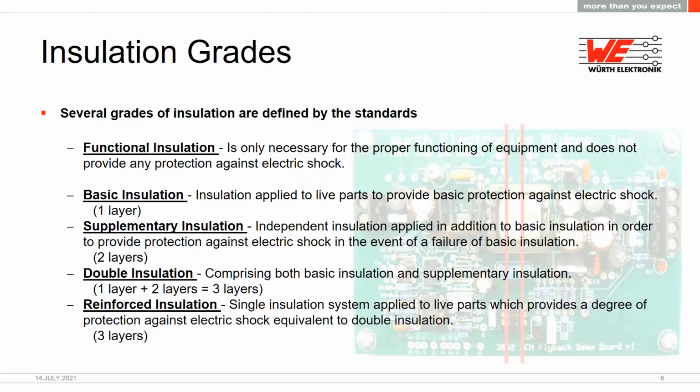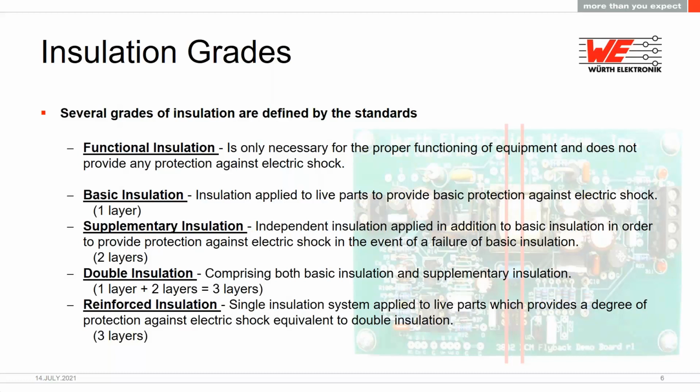As we move up to the next level, known as basic insulation, there is now a certain level of protection against electric shock provided by basic insulation. I like to think of basic insulation as providing only one layer of protection. I guess for me, this is easy to remember because basic insulated wire that's used commonly throughout the industry only offers one layer of extruded insulation.